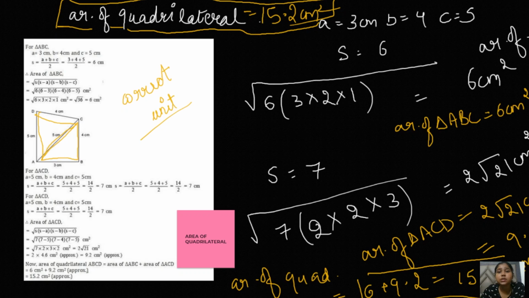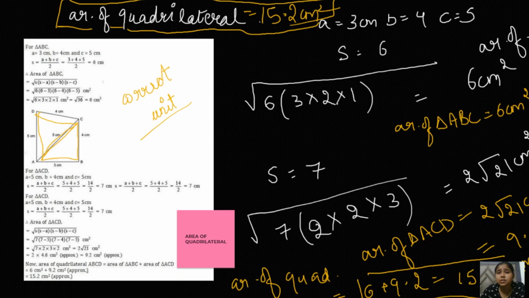Now you just have to know the values of all the sides. You can calculate S by finding the perimeter and dividing by 2, and then put the values in the formula, that is root over S, S minus A, S minus B, S minus C. Remember, S is half of the perimeter and A, B, C are the sides of the given triangle.